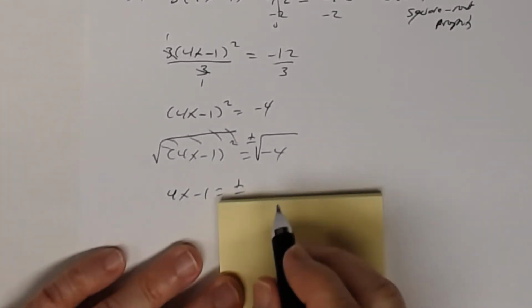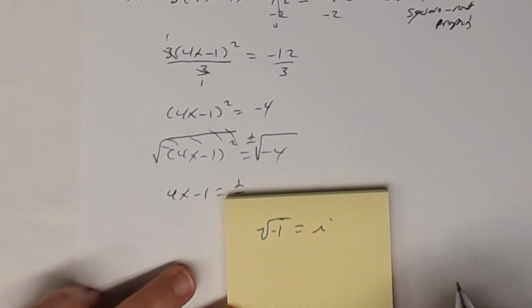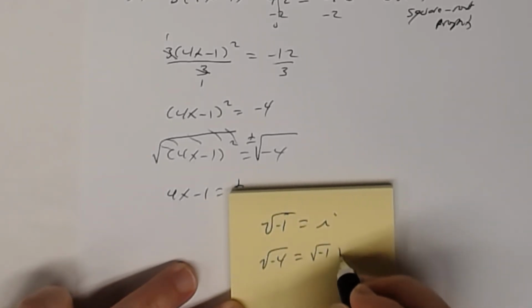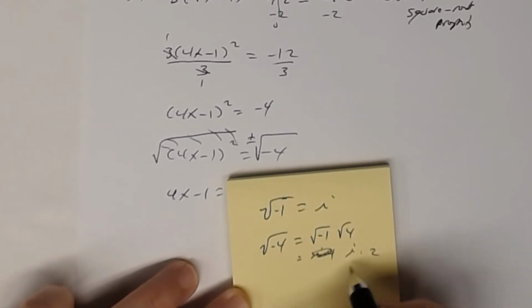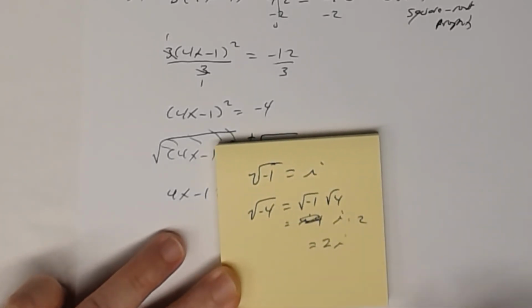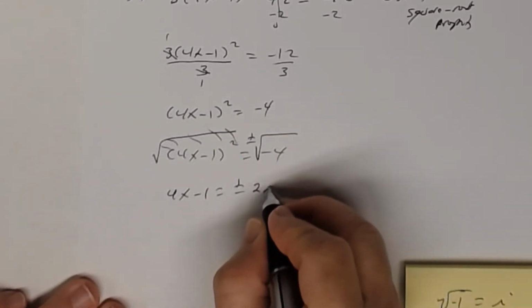We all know that the square root of a negative 1 is defined to be i, that imaginary unit i. So the square root of negative 4 is the square root of negative 1 times the square root of 4, so that's i times 2. But remember, we write this better, as 2i. So the square root of a negative 4 is 2i, and that becomes plus or minus 2i.